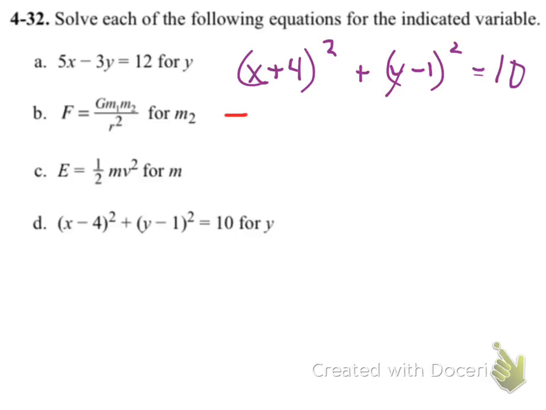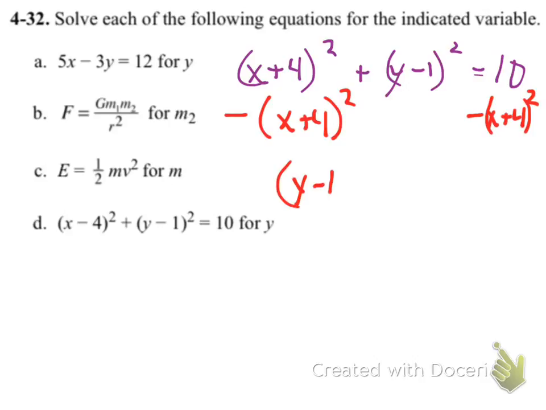I'm going to subtract this whole thing, x plus 4 squared, from both sides. That gives me y minus 1 squared equals 10 minus, and then in parentheses, x plus 4 squared.